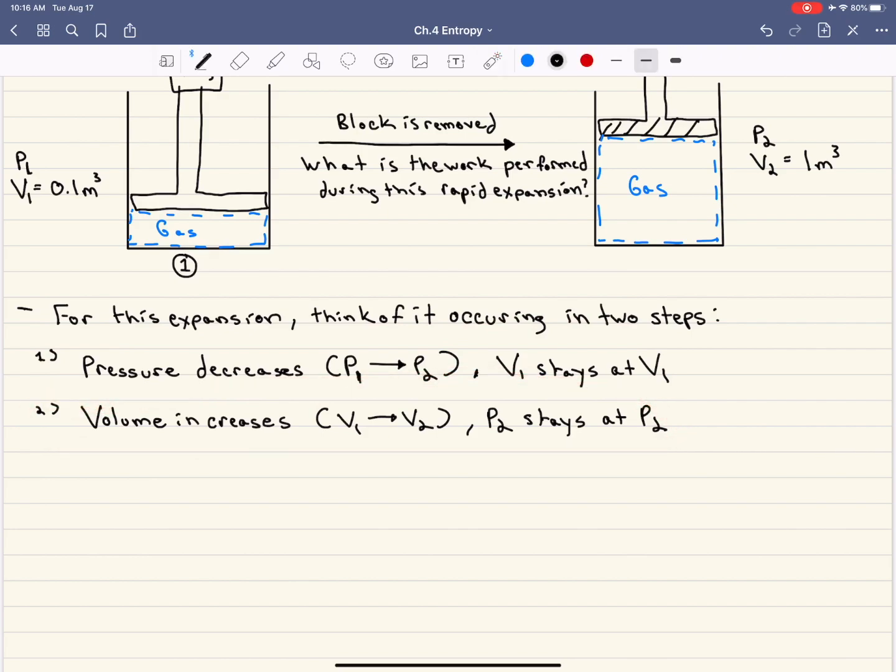To figure out pressure 1 and pressure 2 in step 1, we need to consider the forces that are acting against the gas at both the pressure 1 and pressure 2 states.